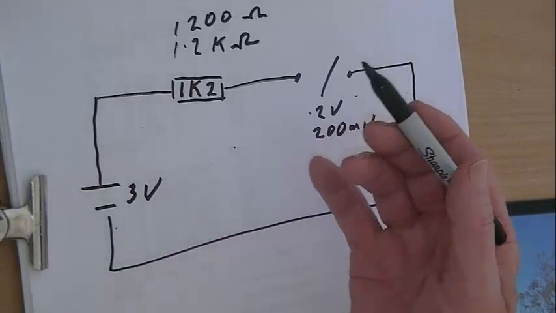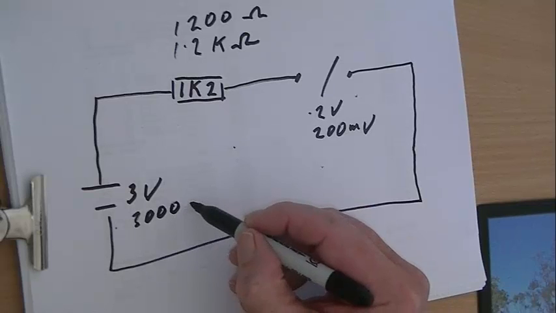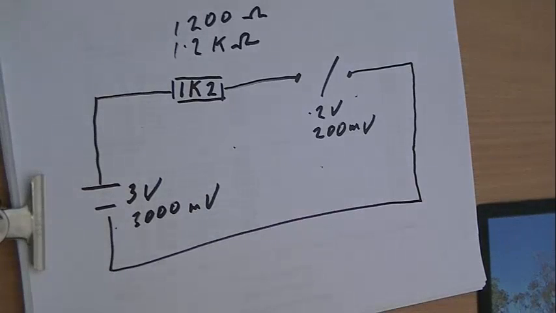You could equally write, I suppose, the voltage as 3,000 millivolts, but it's a bit silly, but that's what 3,000 millivolts is. It's 3 volts. So that's basically what we do with multiples. You'll learn to multiply and divide by them. That's not part of this lesson. That was your high school teacher's domain. I just want to show you what the multiples are and how you use them.